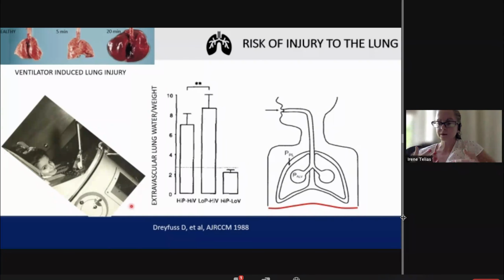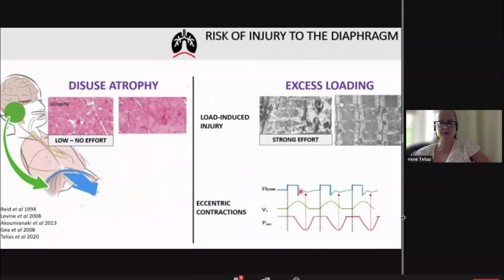So if we extrapolate this information to what they did in the original studies, the risk of injury to the lungs might be equivalent if we have positive pressure from the ventilator and negative pressure from the patient. Okay, this was subsequently proved in Takashi Yoshida's studies, and then the concept of patient self-inflicted lung injury appeared. But I think this is very graphical.